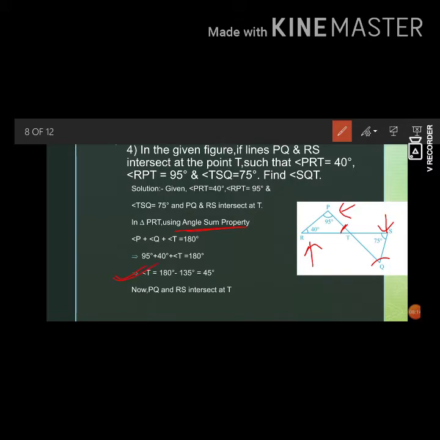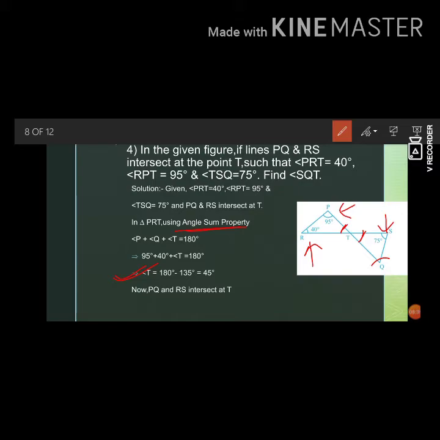Now angle T of PRT and angle T of STQ are vertically opposite. Since the lines PQ and RS intersect at the point T, angle PTR is equal to angle STQ. They are vertically opposite.